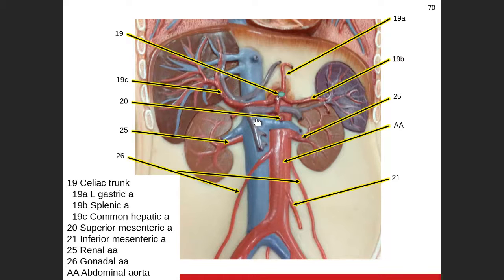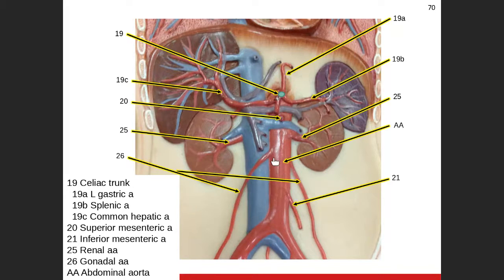All right. Then if we move just a little bit below the celiac trunk, then we're going to see the superior mesenteric artery right here, right above, all right, on our model here, this is the left renal vein, right above the left renal vein. And then you'll have this branch coming right off, and that's the inferior mesenteric.